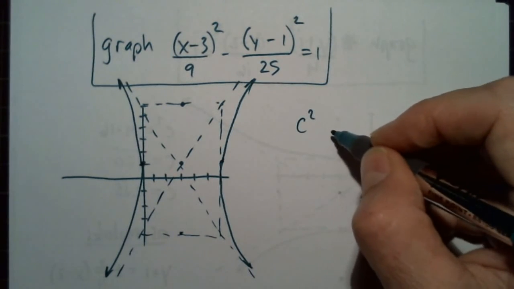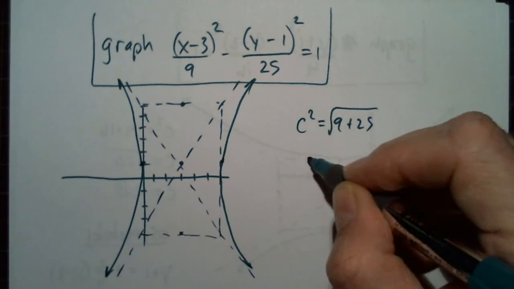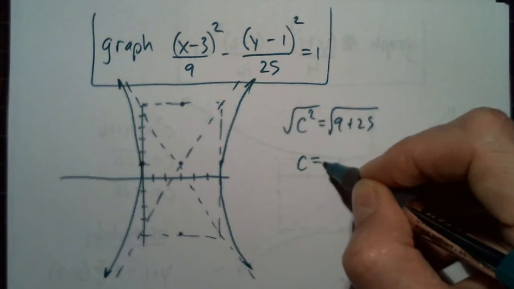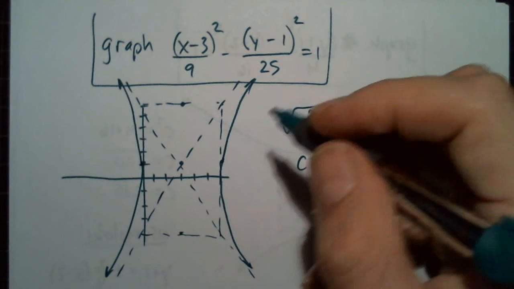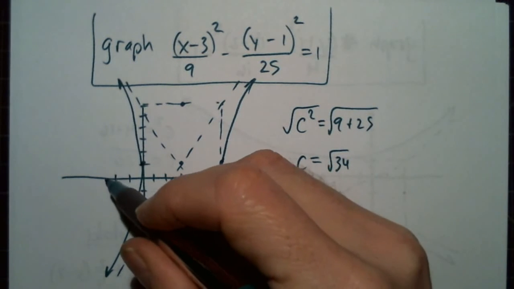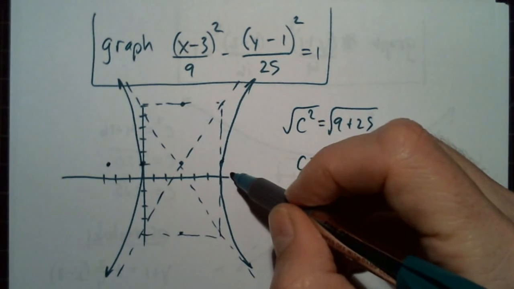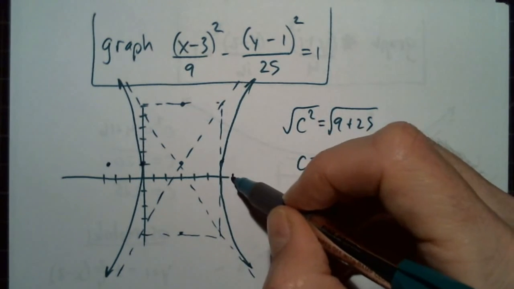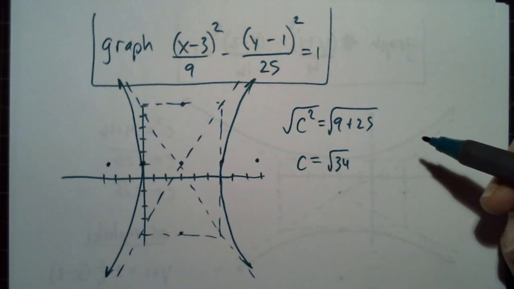With foci at radical 34, which is almost 6. And that means we have to move 1, 2, 3, 4, 5, 6, almost 6 to get to the focus. And 1, 2, 3, 4, 5, 6 to get the other focus.